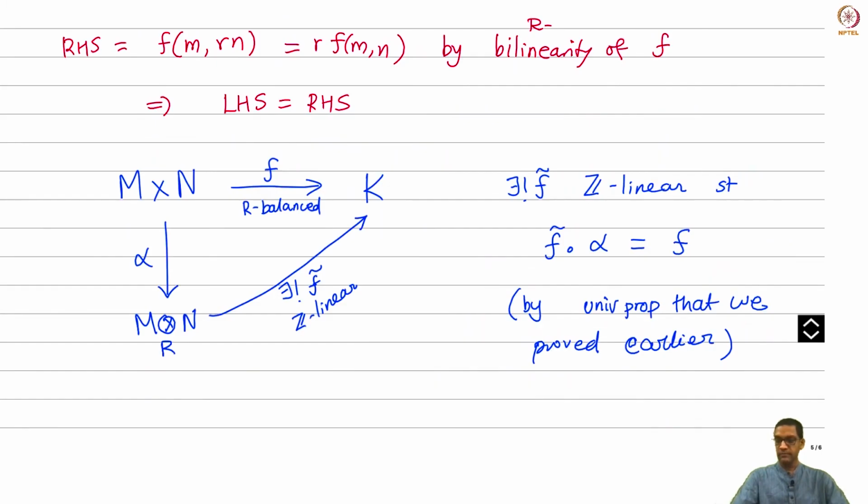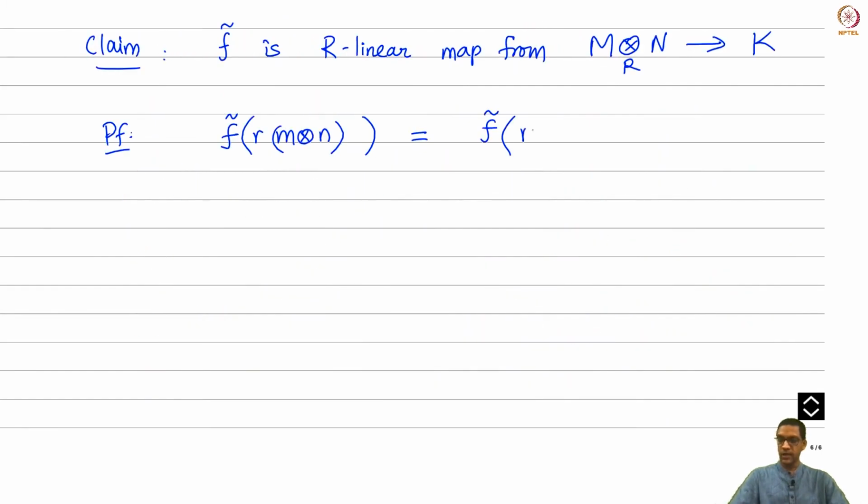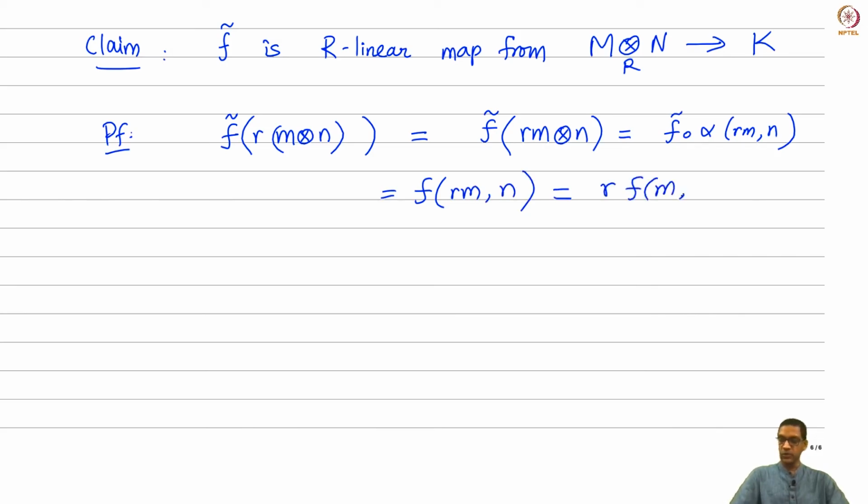So let's use that. So this is just f tilde of rm tensor n. Well, but what's that? That's just f tilde composition alpha of rm comma n. So, since it makes the diagram commute, this is just the same as f of rm comma n. And this is R bilinear, so I can also pull this out. So it's r times f of m comma n.